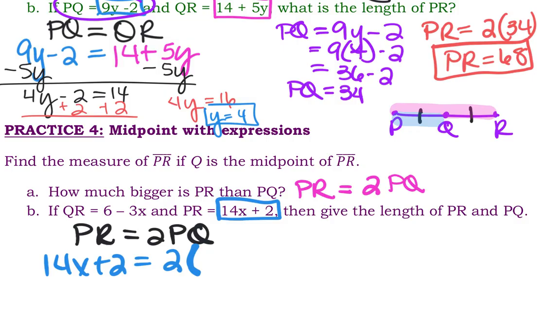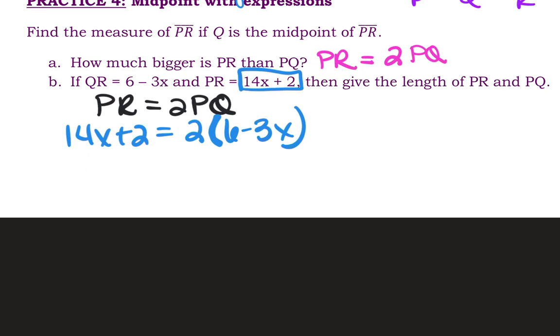I don't have an equation that had P to Q, but I know P to Q is equal to Q to R, 6 minus 3x. So we're going to do 6 minus 3x. Good. So what am I going to do on the right side? Multiply by 2. Good. What is that called? Distribute.